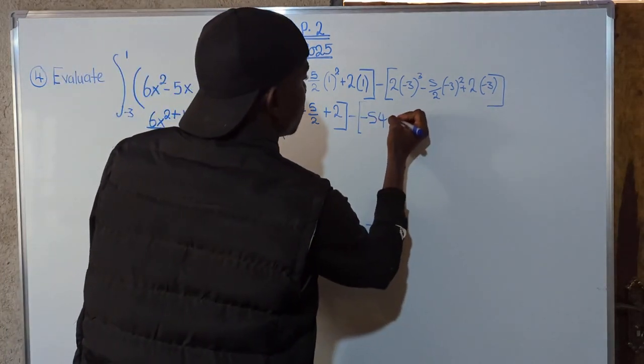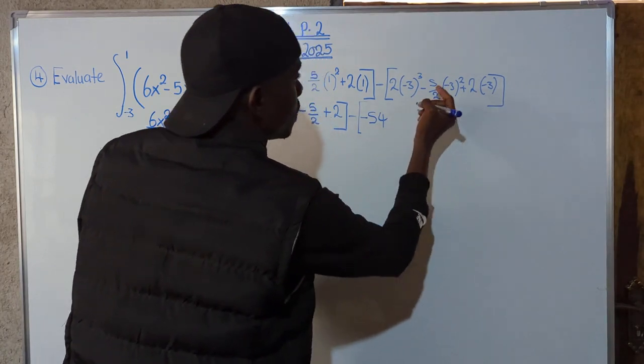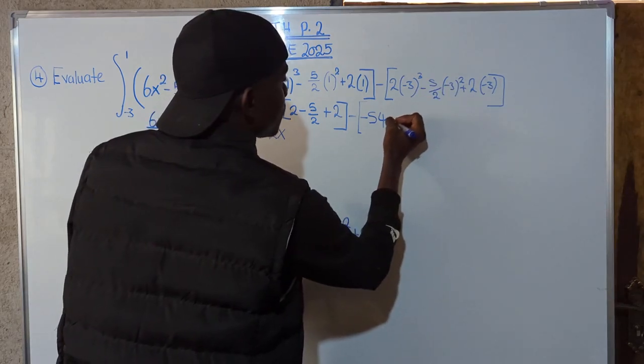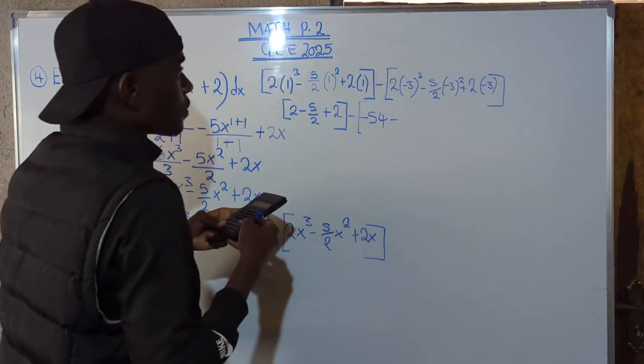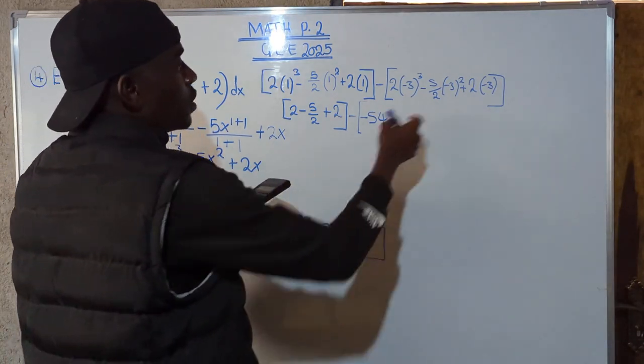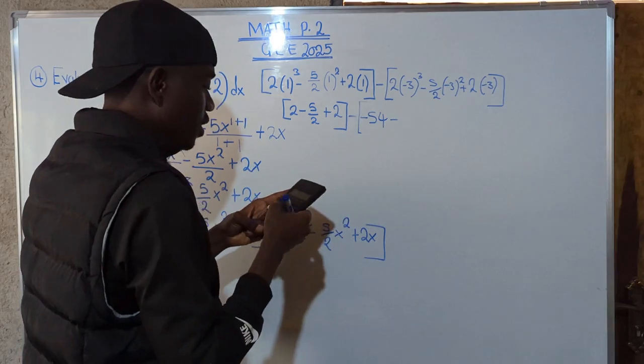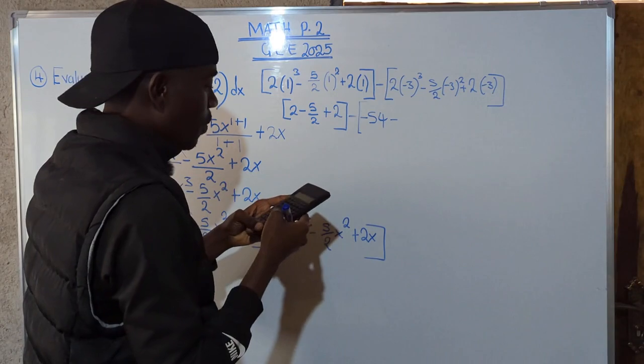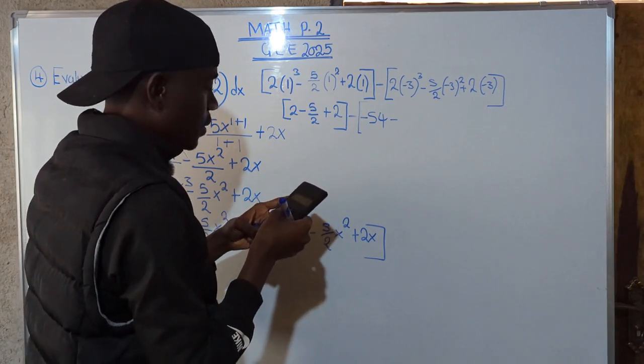Then we can punch this particular part. We do this part. So this is going to be 5 over 2, open bracket, minus 3 to the power 2.